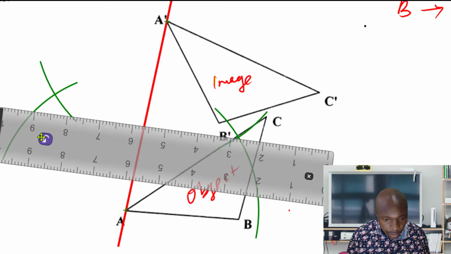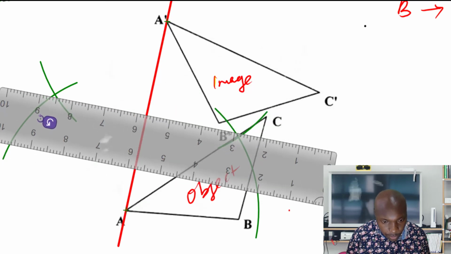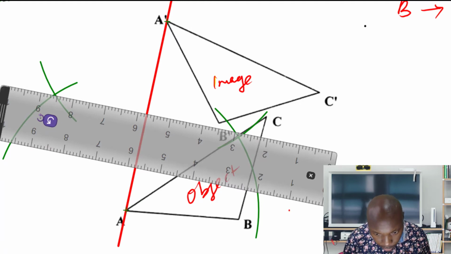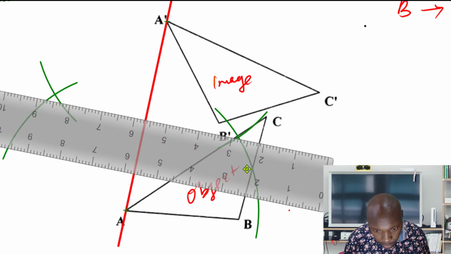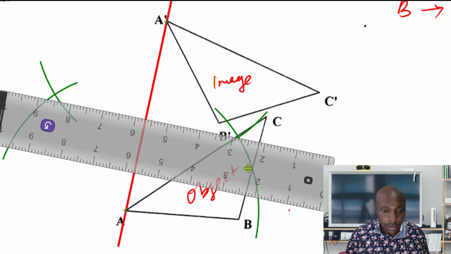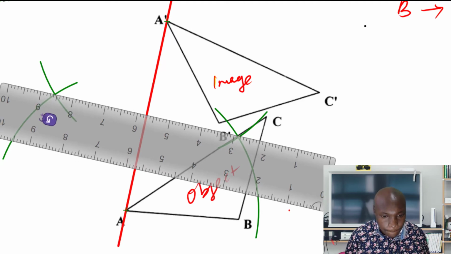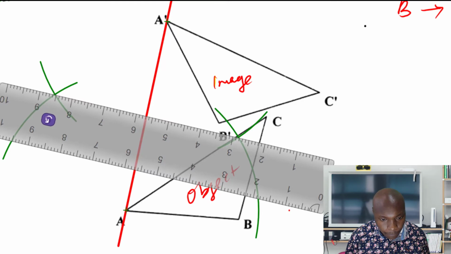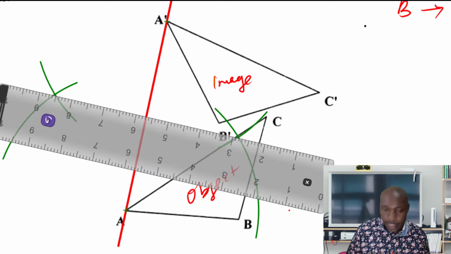Be very careful there. It is not clearly visible at the point of intersection. So there it is, and here we need to be careful. So there it is.